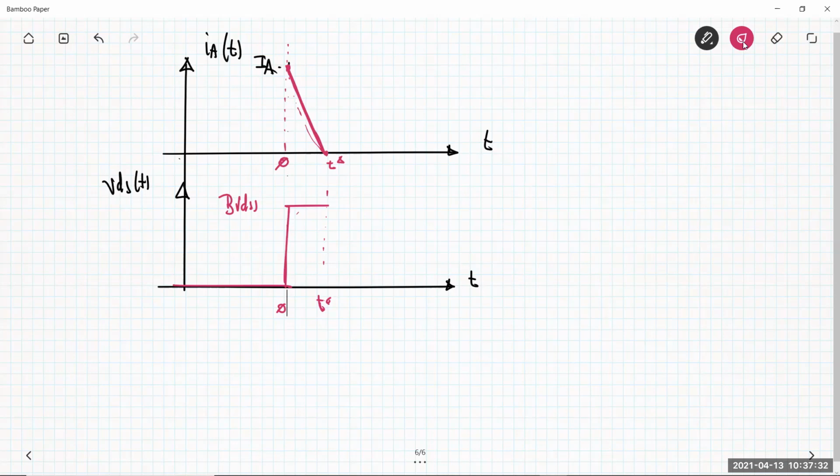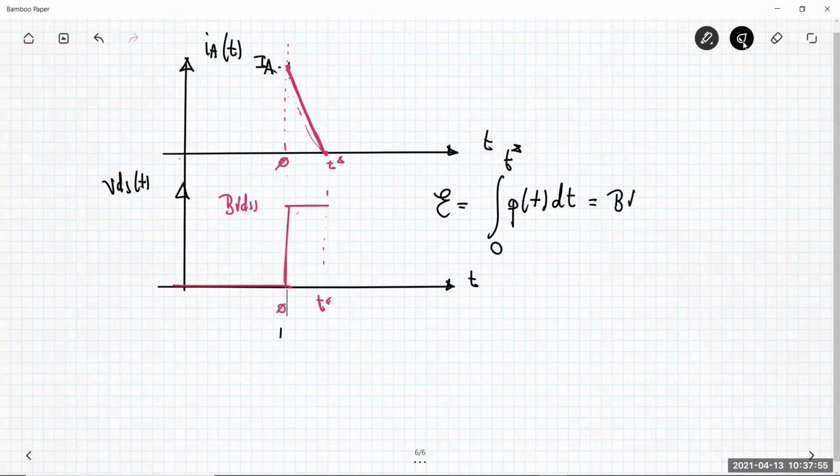Which is the energy involved in this time interval? The energy is the integral of the instantaneous power during this interval 0 to T star. So this is the breakdown voltage multiplied by the integral of the current.